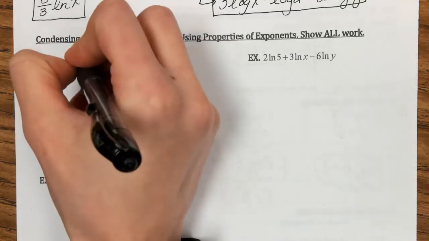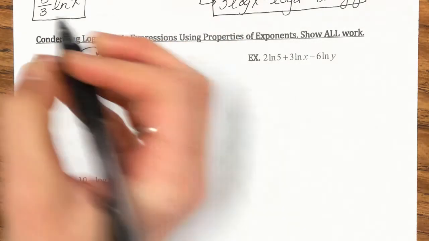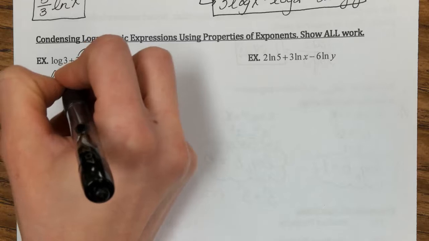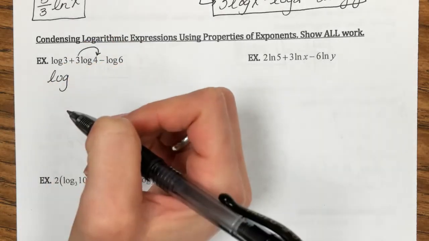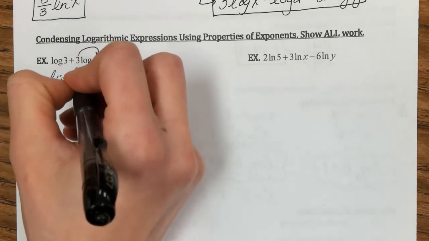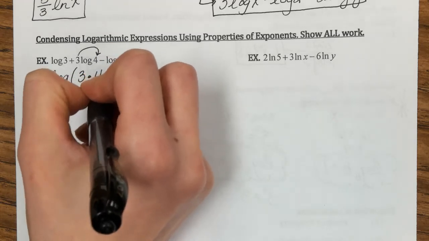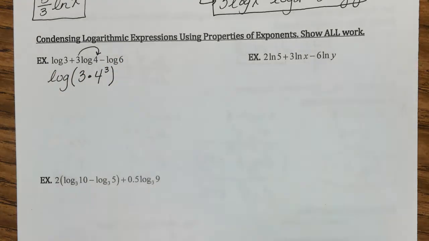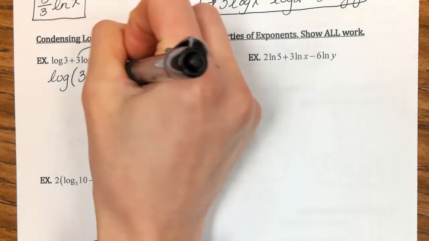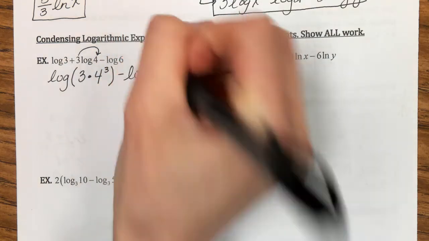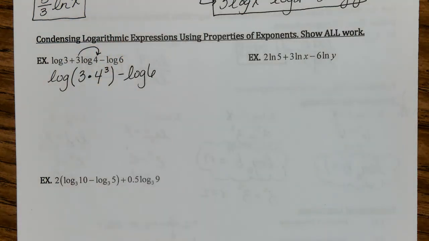This had to have become 4 to the 3rd. So I've got log, and I personally am going to take care of 3 times 4 to the third in this one step, minus log of 6. I'm going to let you take care of 2 things in one step, but don't go overboard with it.